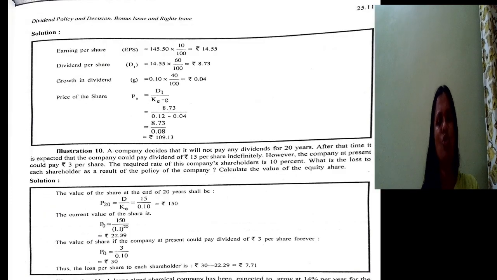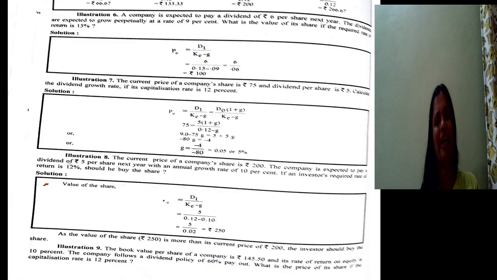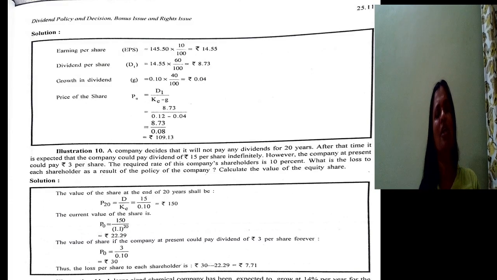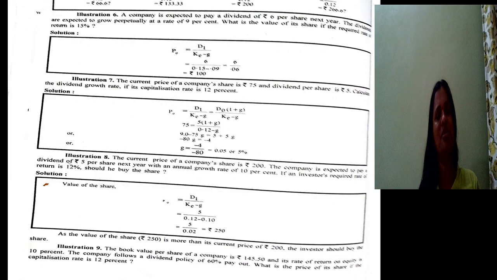This is all about additional problems on what model? Gordon model. So usually you may not get this type of complicated problem; we concentrated on problems like illustration 12. Usually you will get illustration 9, 8 and 7, 6 which we solved. No such type of problem will definitely come.